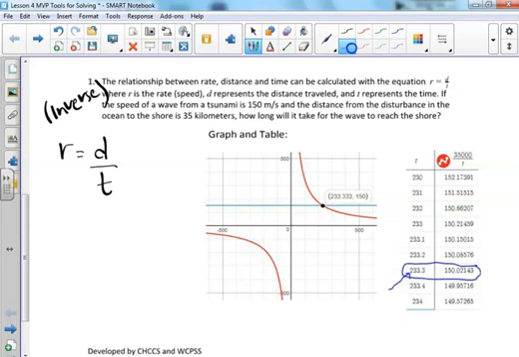If the speed, keep in mind speed was R, of a wave from a tsunami is 150 meters per second, therefore we can plug in 150 in for R, and the distance from the disturbance in the ocean is 35 kilometers. So that would be D. Now be very careful on this.